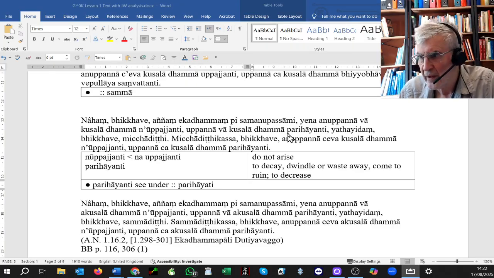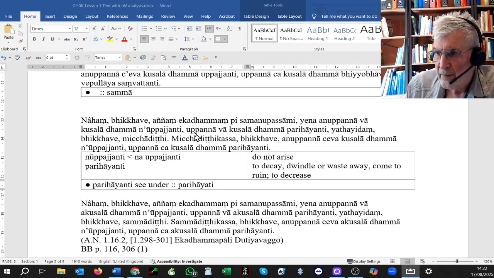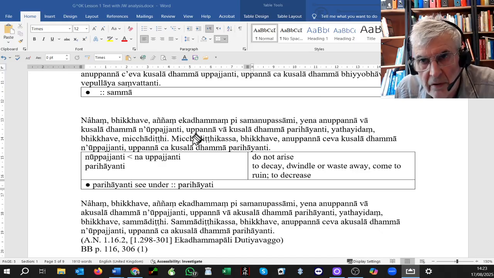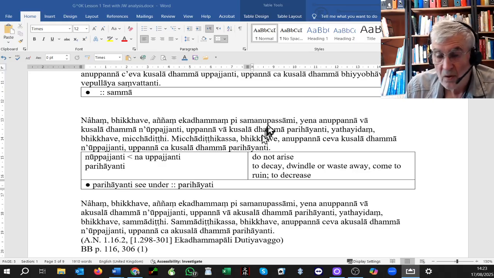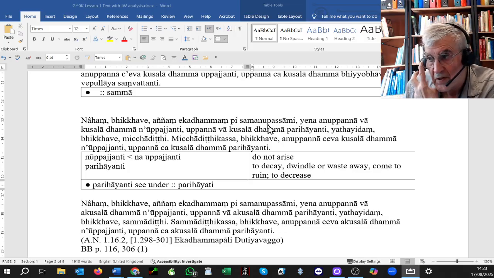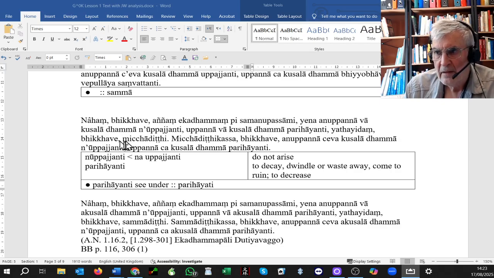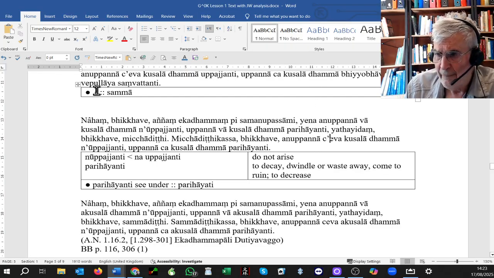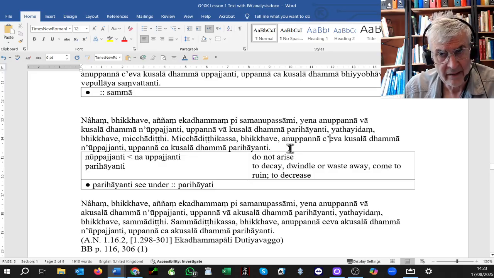They dwindle away, waste away, and then vanish. So no other single phenomenon or state do I discern whereby unarisen good states do not arise, and already arisen good states get lost, vanish, decrease, as this, O monks, micchaditthi, as false view. So micchaditthikassa bhikkhave, for one of false view, O monks, anupanna cheva, put in an apostrophe for you here, anupanna cheva kusala dhamma nuppajjanti, uppanna cha kusala dhamma parihayanti.